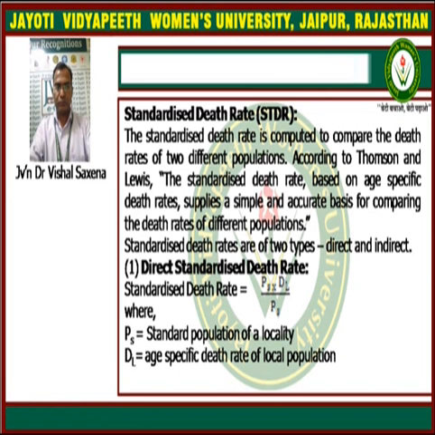PS is showing here the standard population of a locality, while DL is just showing the age specific death rate of the local population. So DL will be the age specific death rate, just as we had discussed, and this is for the local population. So that is the DL, and the PS is the standard population of a locality.